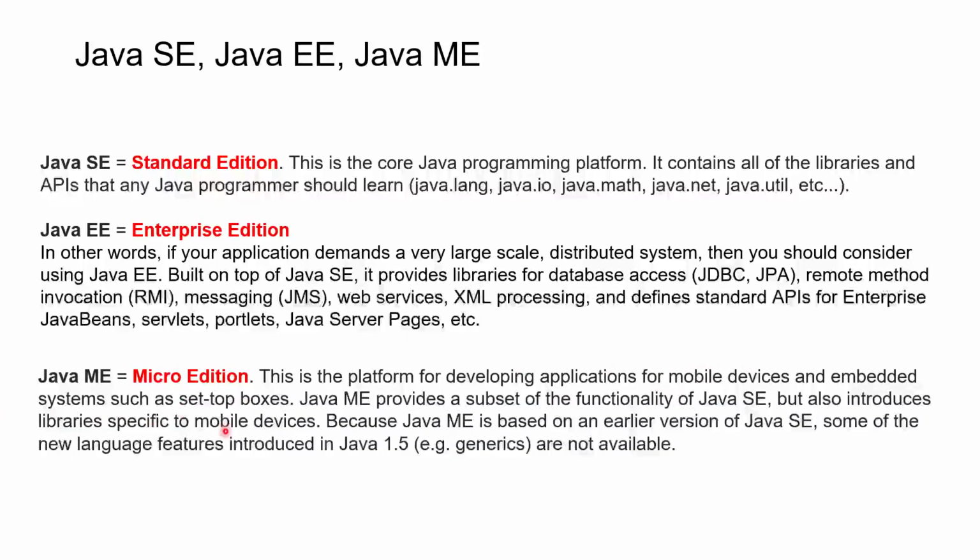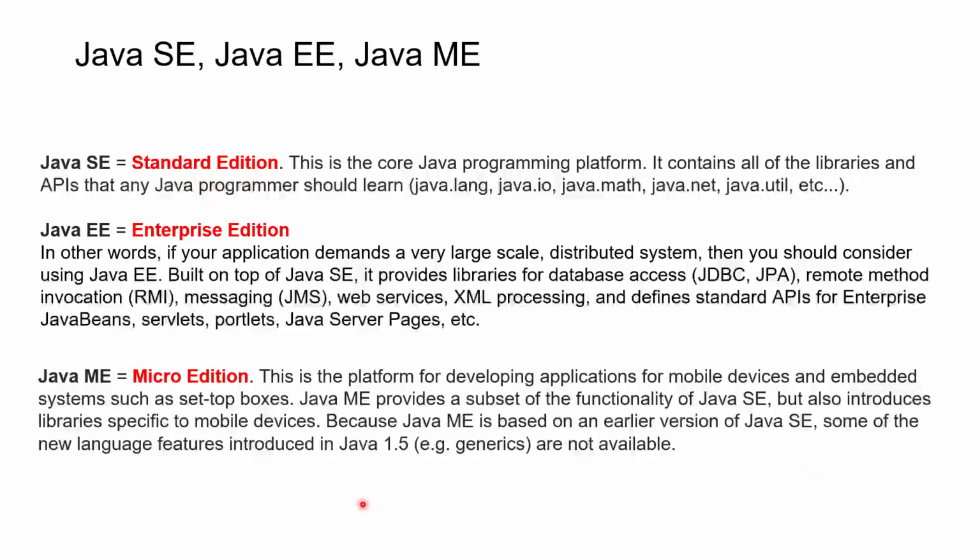such as mobile devices, embedded systems such as set-top boxes. Java ME provides a subset of functionality of Java SE, but also introduces libraries for the hardware for these specific mobile devices and smaller devices.